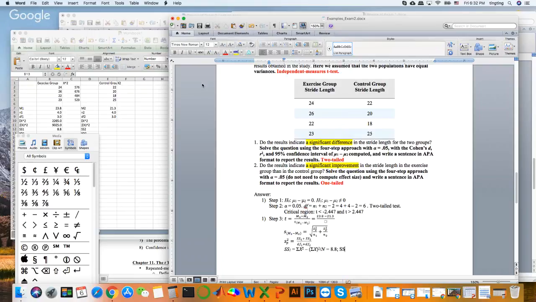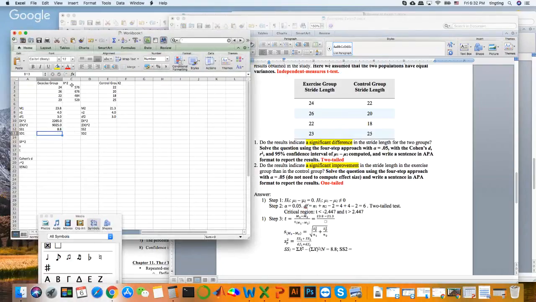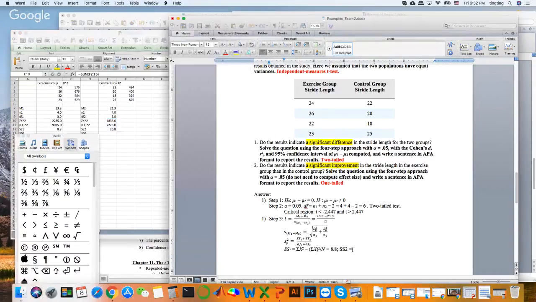And similarly we can compute SS2. So we know SS2 equals 26.8.